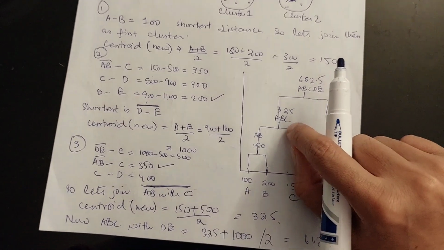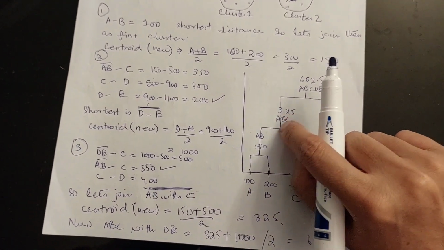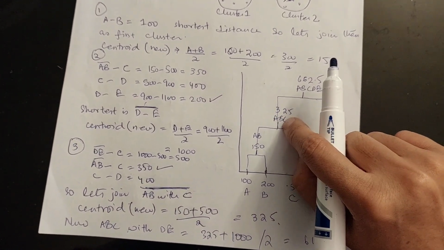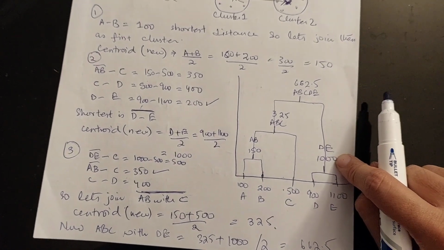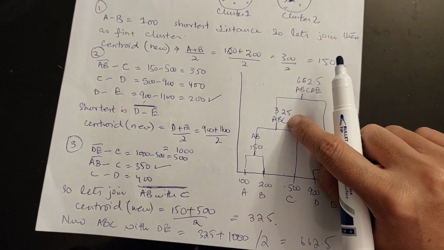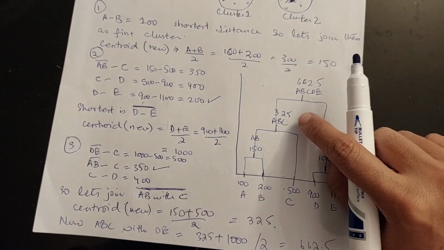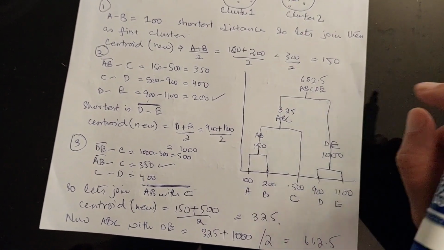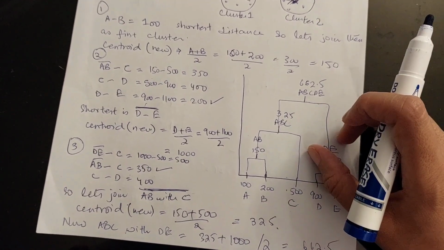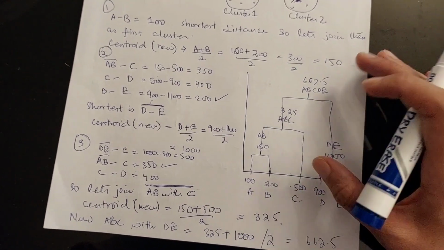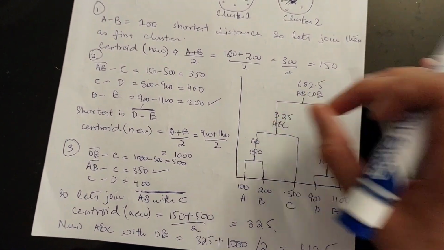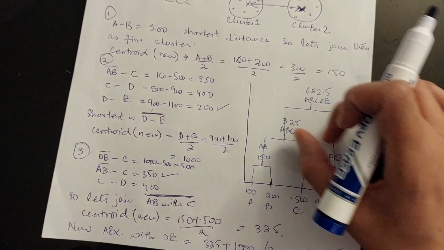Okay, so now the distance between this cluster ABC, with centroid 325, and this cluster DE is the only distance, so we do not need to find any further shortest distance. Of course this is one cluster and this is one cluster, so they have to be joined.